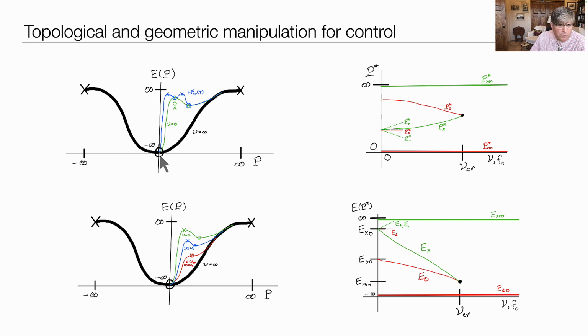This O point at minus infinity is also the point of economic depression. This is the O point of economic recession. And this is the X point of economic prosperity.